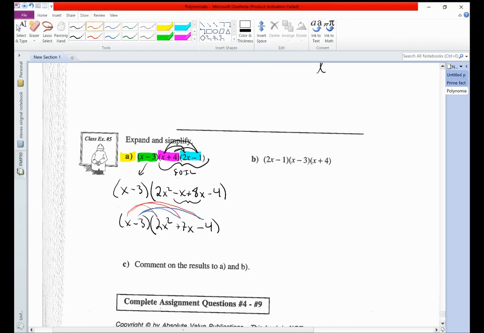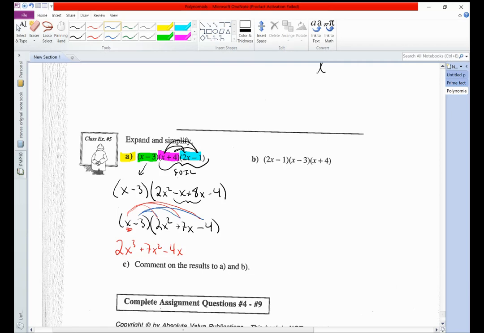So let's do the first one, the x. X multiplied by 2x squared is 2x cubed. X multiplied by plus 7x is plus 7x squared. And x multiplied by negative 4 is negative 4x. That's everything using that x.